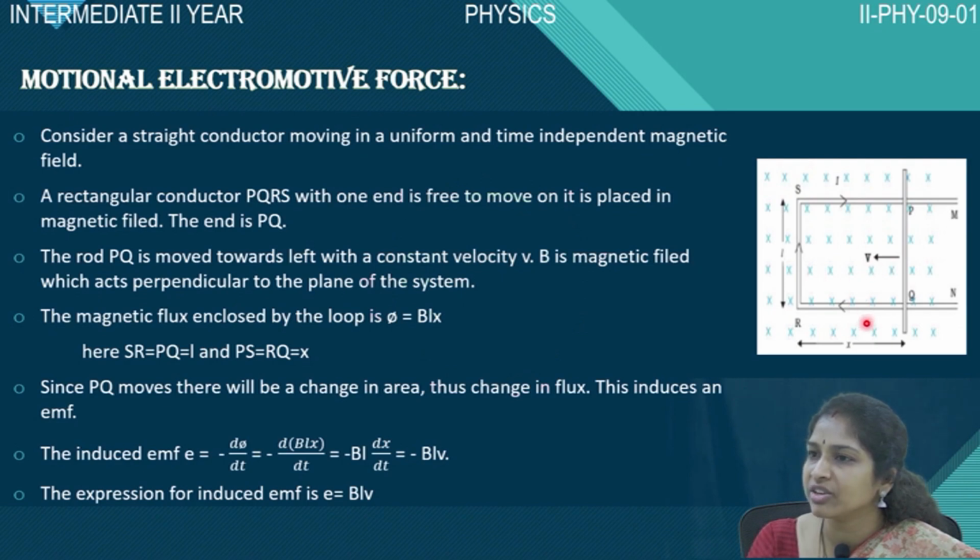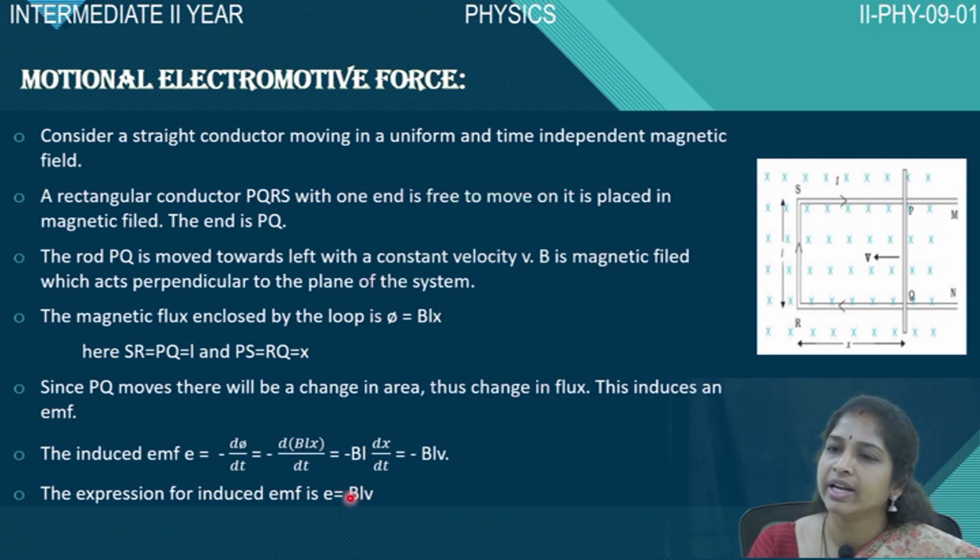So I can differentiate only that x. So minus BL, we get dx by dt. What is dx by dt? The rate of change of displacement, and we know the rate of change of displacement is velocity. So this is v. We get E equals minus BLV. So the expression for motional EMF is E equals minus BLV.